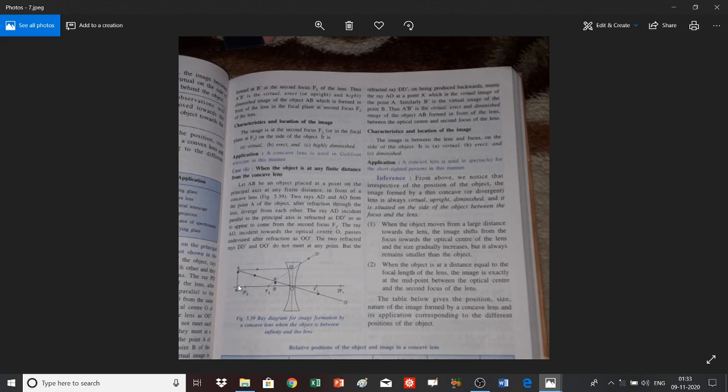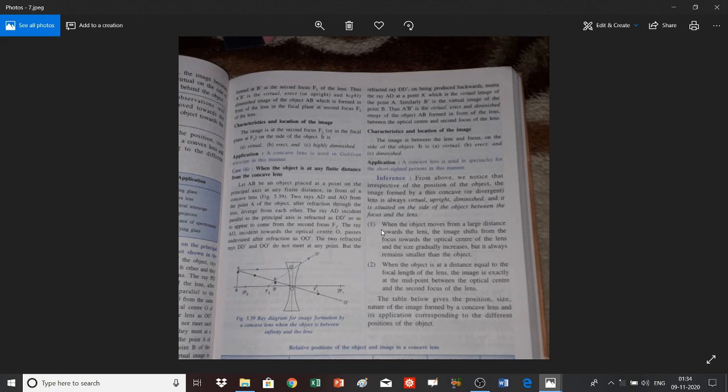In that case, the object is taken at a distance smaller than the focal length, that is, between the optical center and the first principal focal point; then the object and image form on the same side of the lens. But in the case of a concave lens, see here, this is the object and this is the image. Both of them are on the left-hand side, the same side of the lens. That is written here.